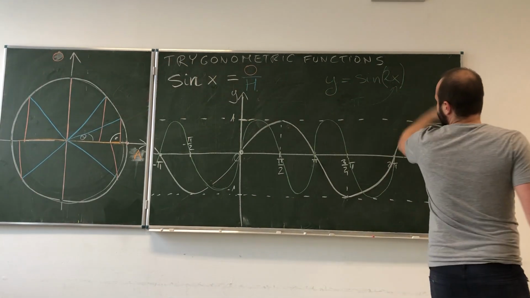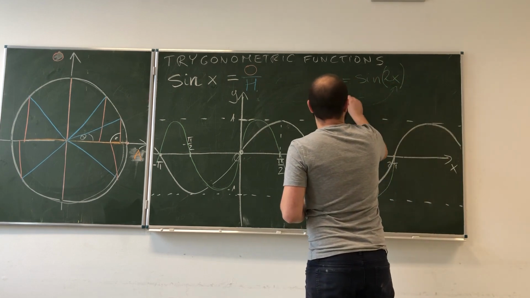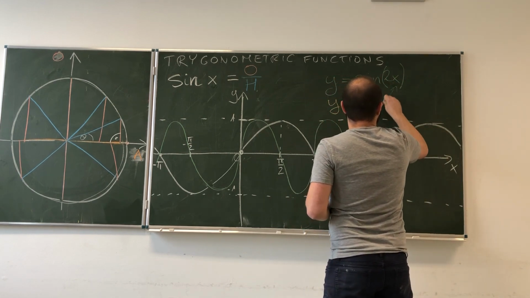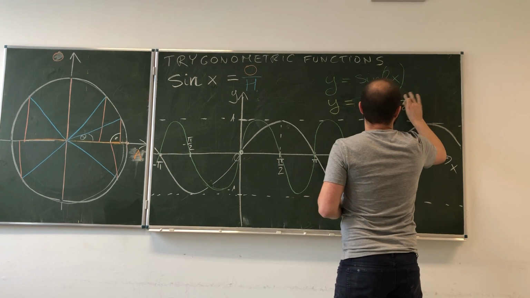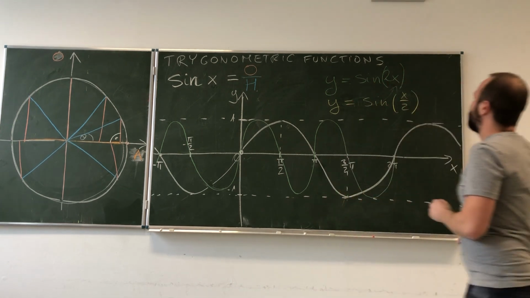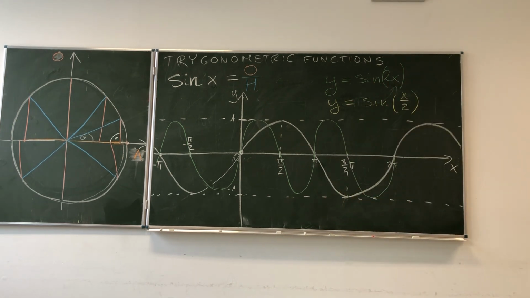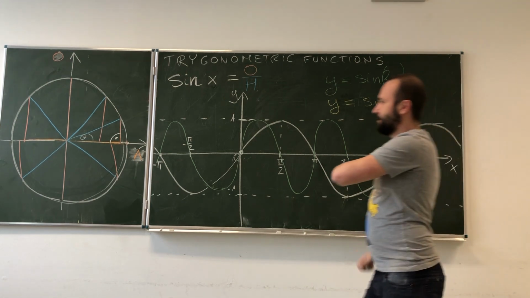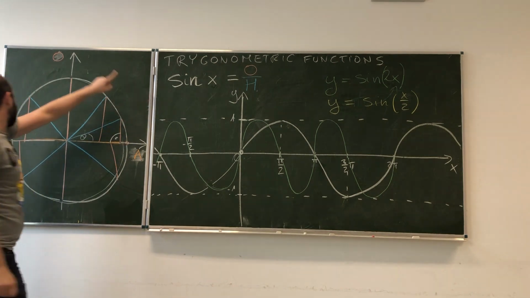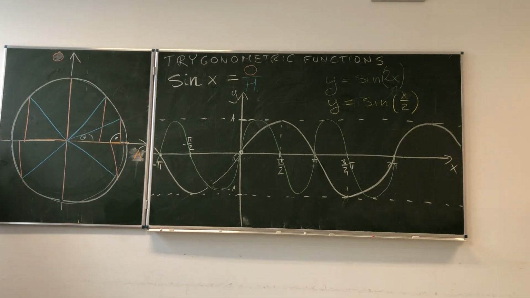So look, now if y would be sine of x over 2, what does it mean? Look, now if I put 2 pi over here, I will be able to make just half a circle.